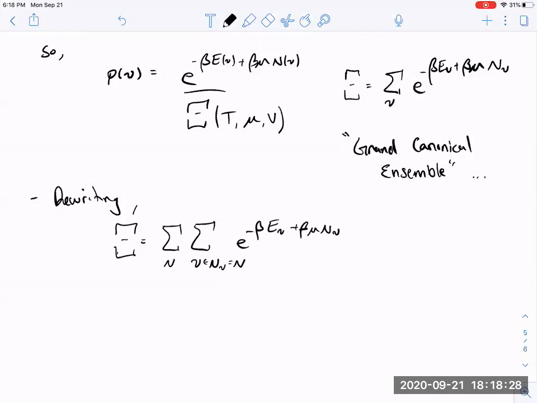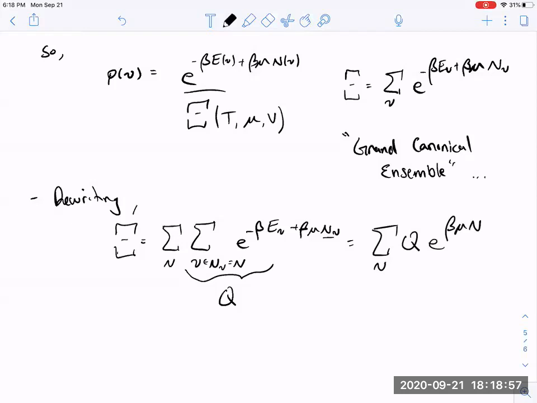If we do that, a sum over microstates at fixed N and V, weighted by that Boltzmann factor in the energy, that's nothing but Q. So this can then be written as a sum over N of Q times this additional factor, which again, this is constant, you can go through the sum, e to the beta mu N.